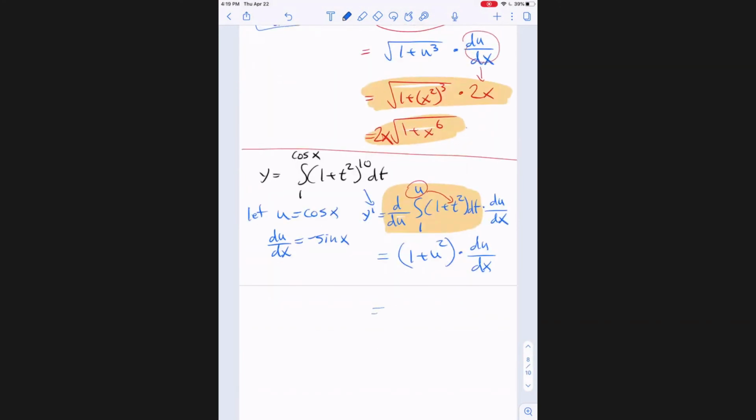What is u? Cosine x. What's du over dx? Negative sine of x. Oh, I forgot the 10th power. I forgot to write the 10th power here. So it's 10th power, 10th power. Thank you for reminding me, everyone.